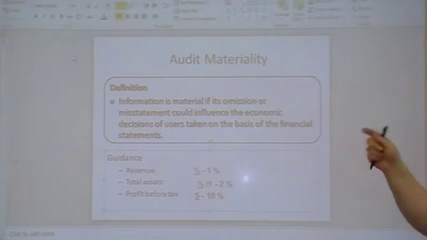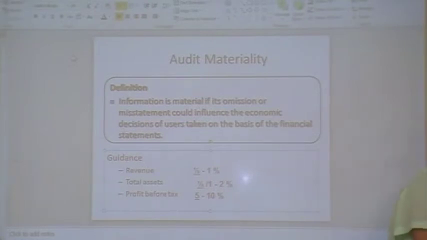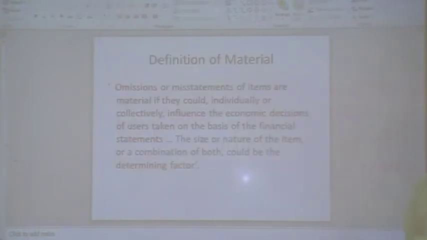But if you look up here as well, there's actually more, and you have them on your notes there as well. It's just done as a little synopsis here. The omissions or misstatements of items are material if they could, individually or collectively, influence the economic decisions of users taken on the basis of the financial statements.